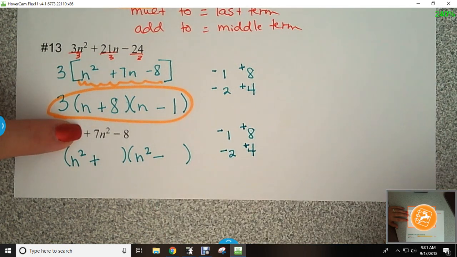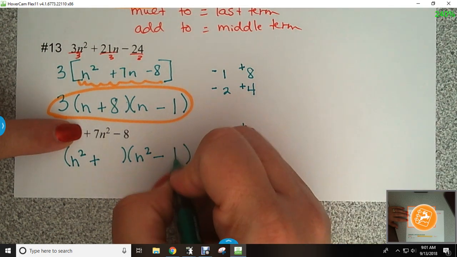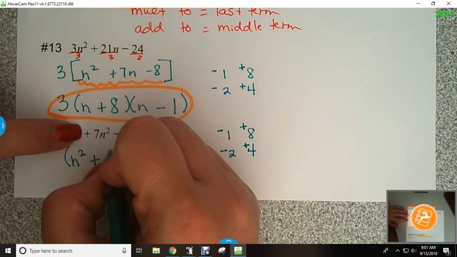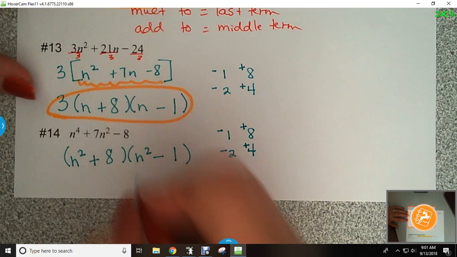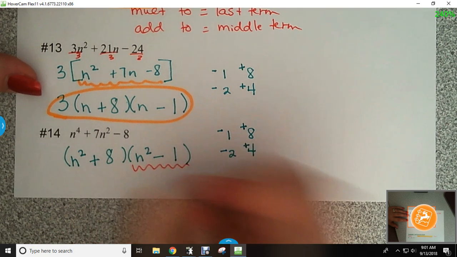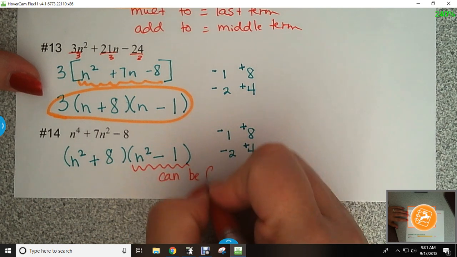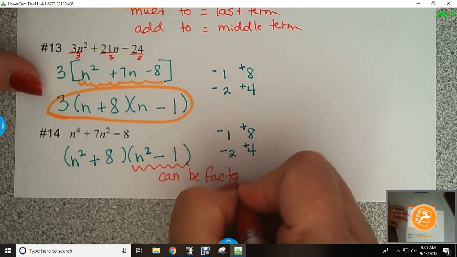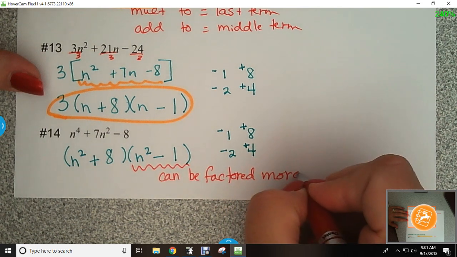So now, which pair will add to be a positive 7? Well, that is the negative 1 and the positive 8. Now, this right here can be factored again. So it can be factored more.